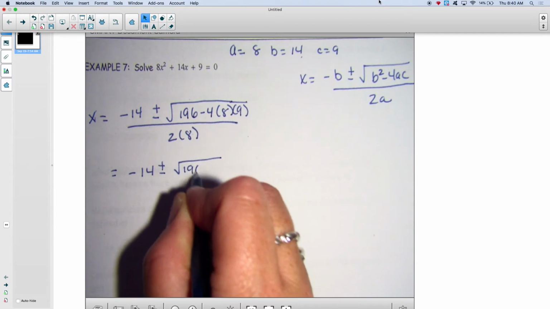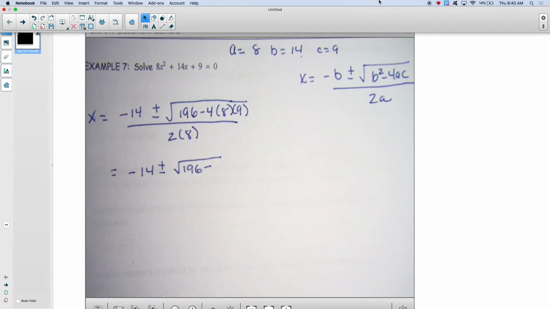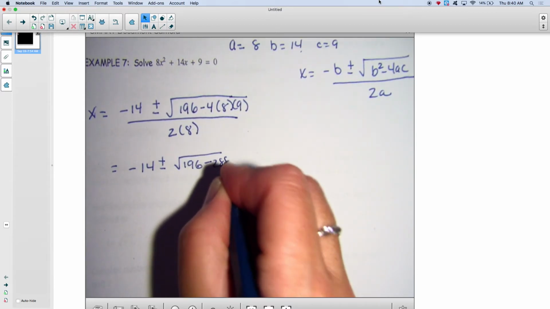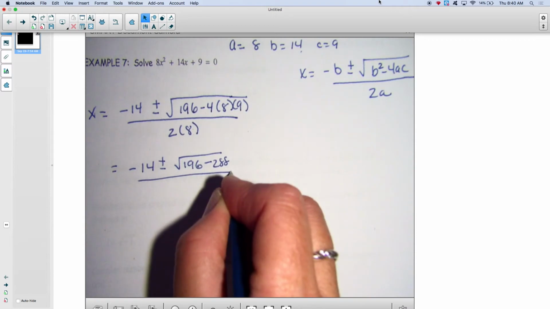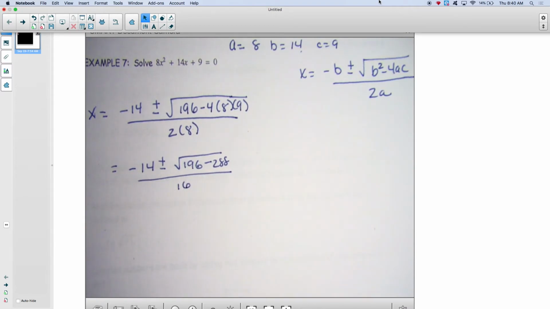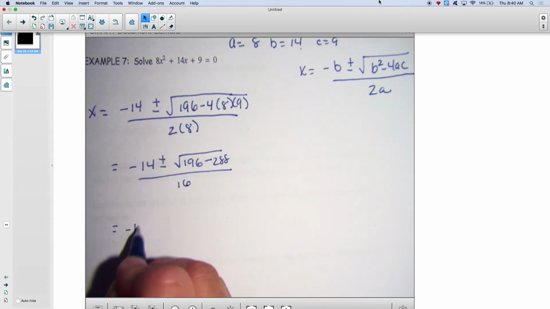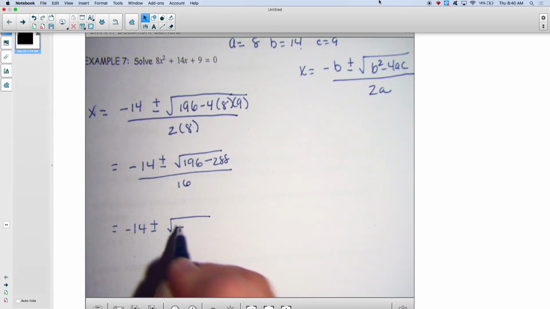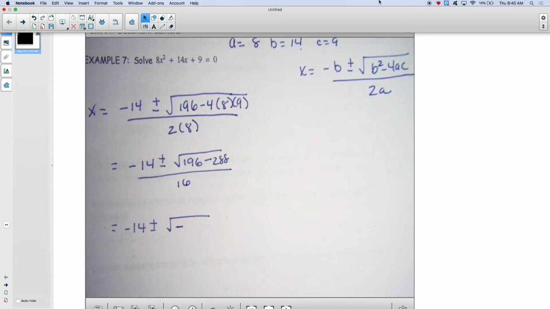So 196 minus, what's 4 times 8 times 9? 288. All over 16. But what's 196 minus 288? Negative 92.